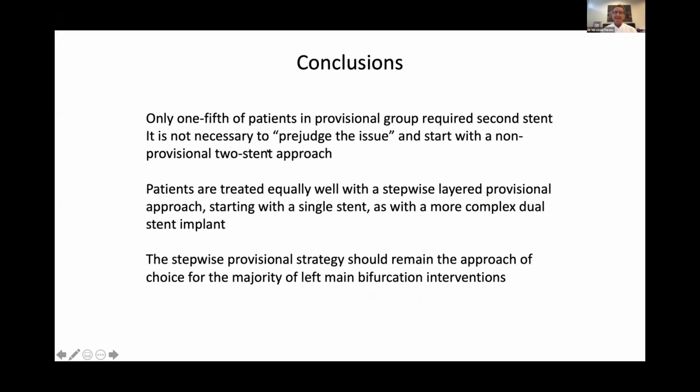So in summary, a large part of patients with distal left main stenosis who are not really good candidates for surgery, with a low SYNTAX score, will benefit from the provisional approach.